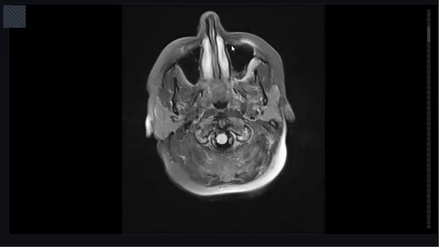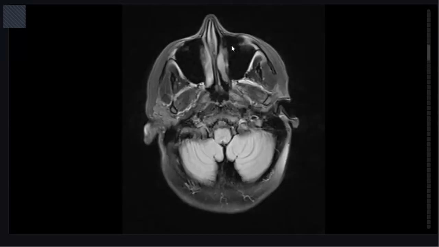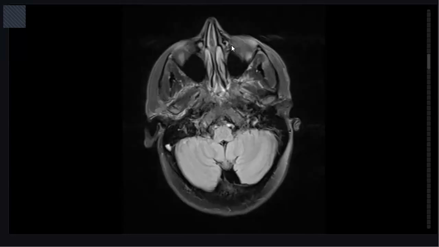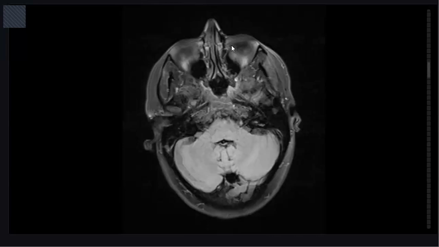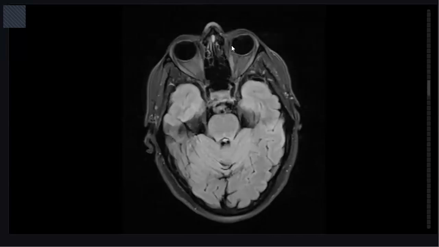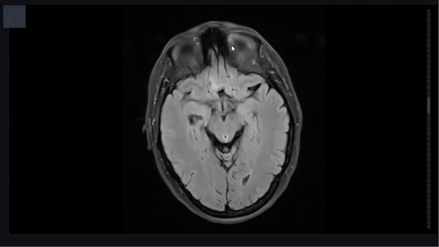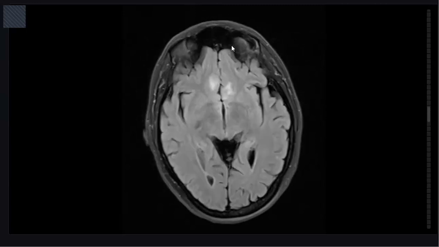Here, I think this is the last image of the study. Going back through the posterior fossa. Yes, here is the posterior fossa. Looks normal, no evidence of large posterior fossa mass lesions.